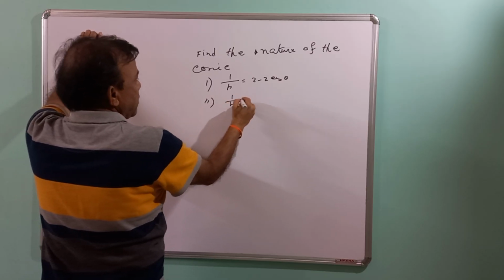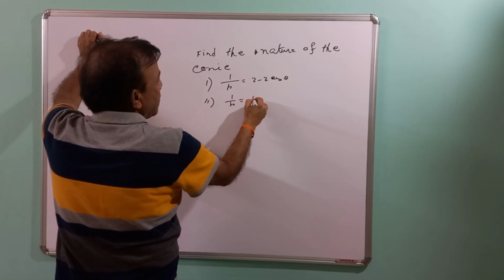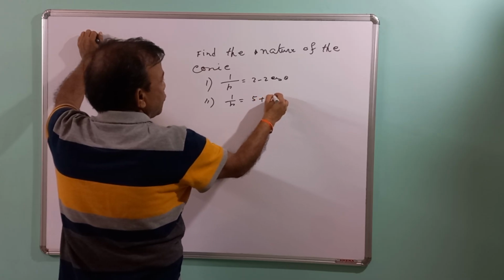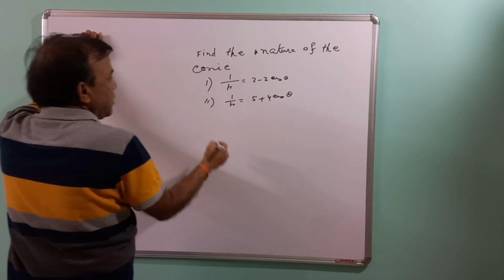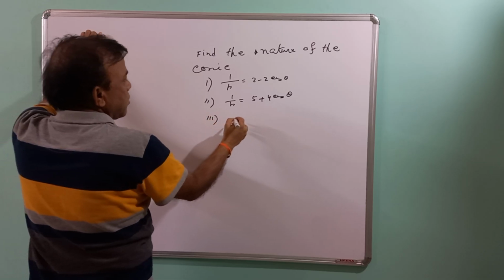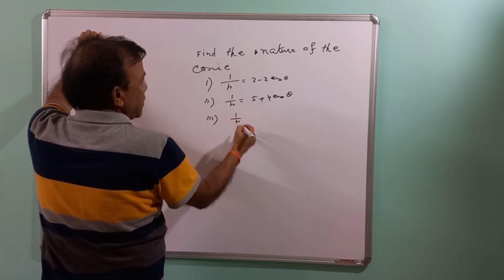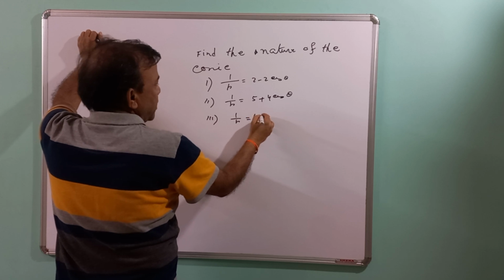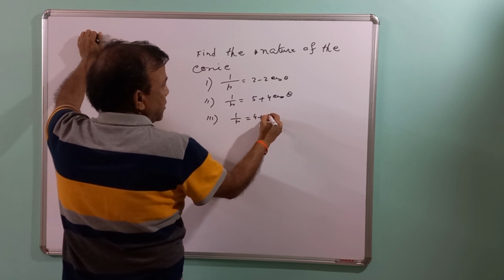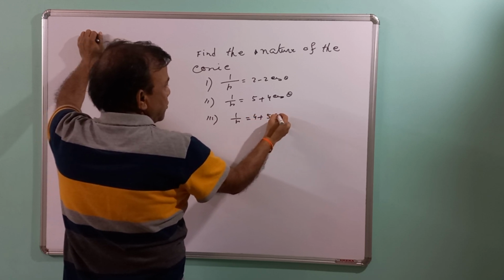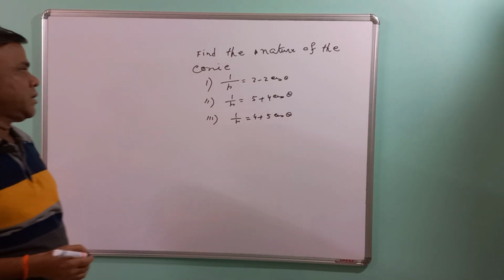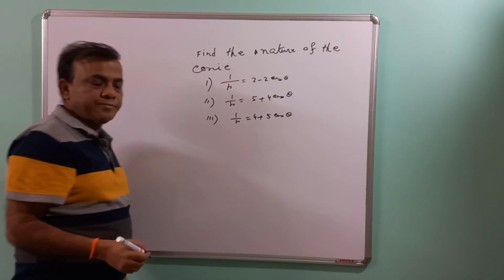Two, 1 by r equals 5 plus 4 cos theta. Three, 1 by r equals 4 plus 5 cos theta. Okay, find the nature of the conic.